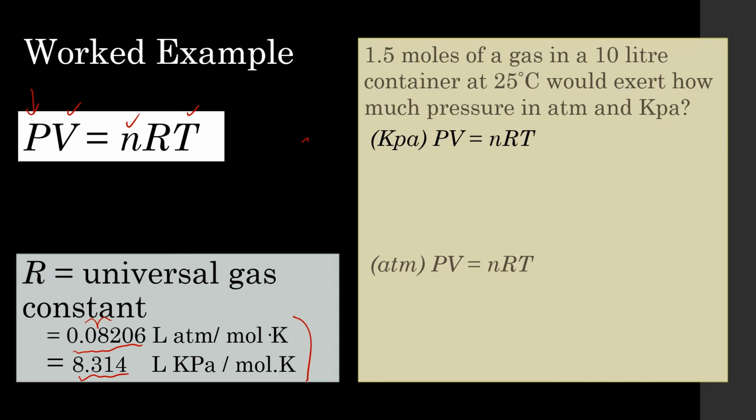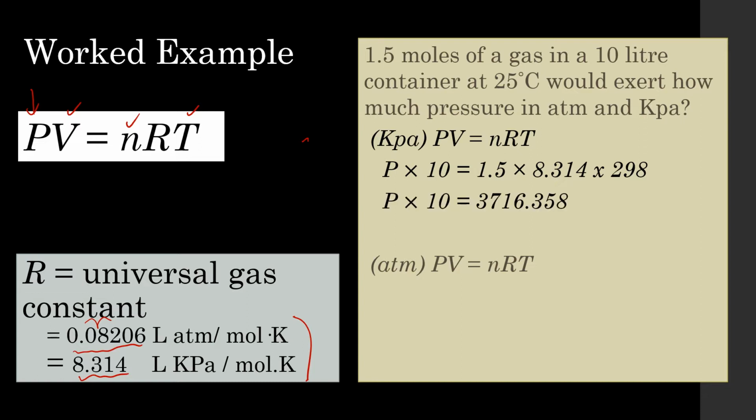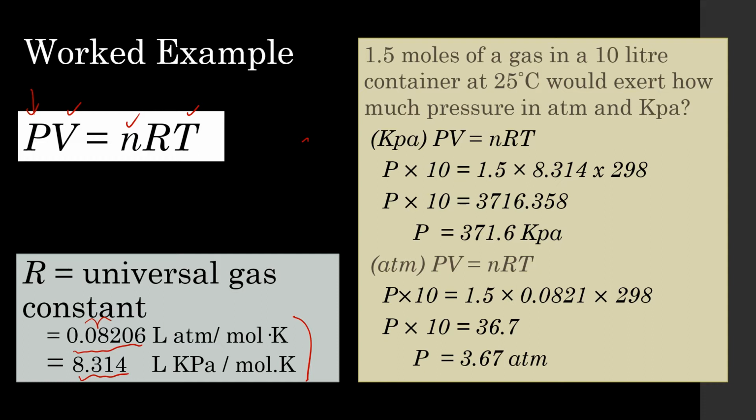Let's do the kilopascals one first. We substitute in the 10 litres and solve for P. And let's have a look at it in atmospheres. You can see that they're about a factor of 100 out, which is what you expect because of that conversion factor. So the pressure in kilopascals is 371.6 kilopascals, and in atmospheres it's 3.67, so about 3 2/3 times the normal sea level pressure.